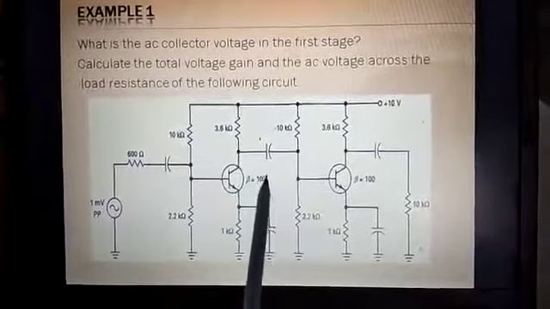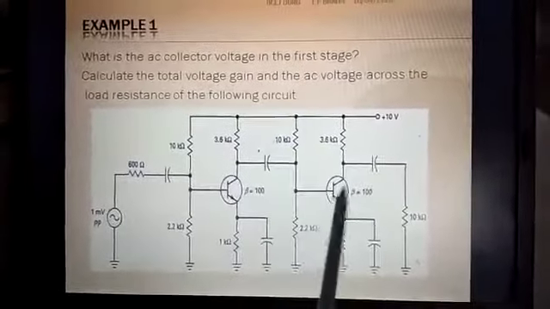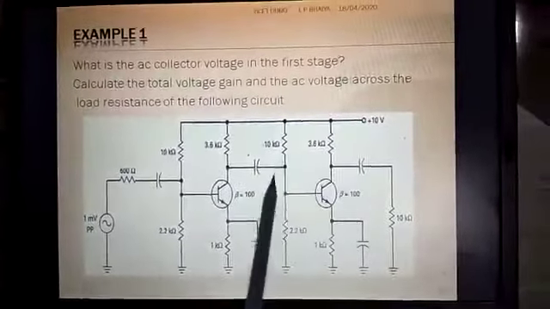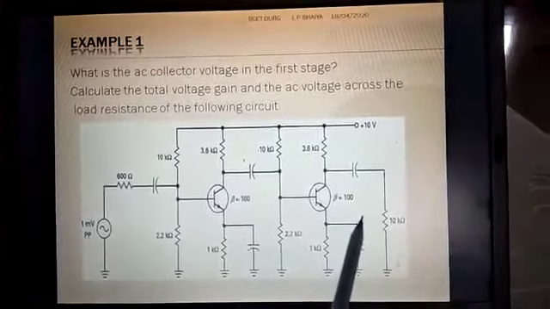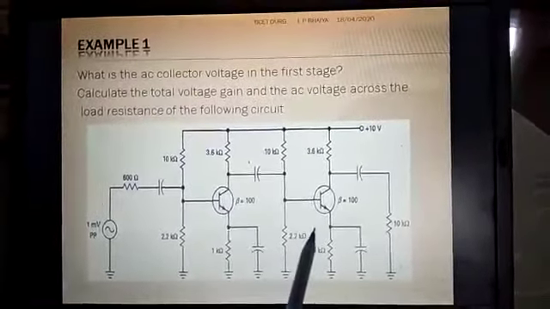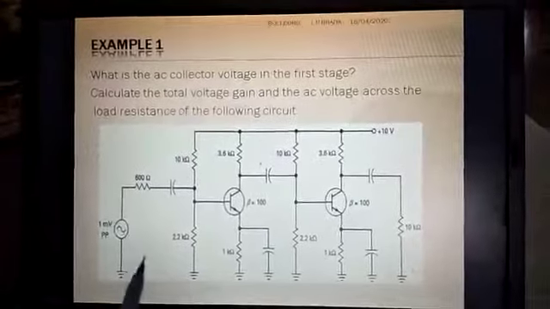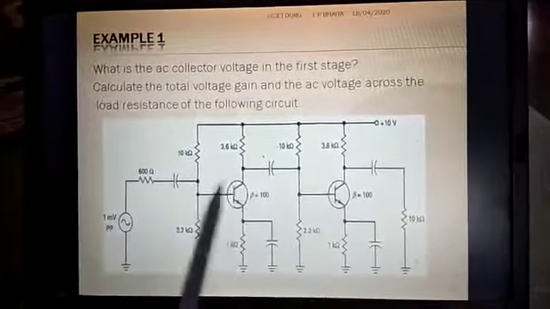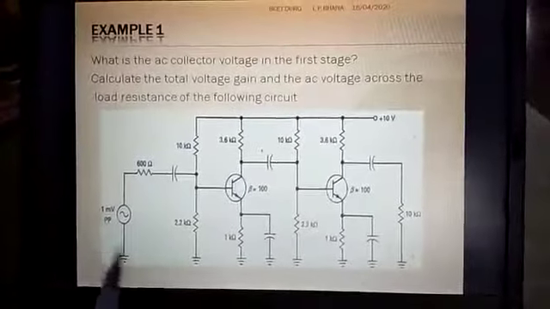Otherwise, if the H parameters are given, then you have to draw the low frequency H parameter model of this transistor and of this transistor, then draw the AC equivalent circuit, from which you can calculate the total equivalent load resistance RL dash at the output, input impedance of the second stage, output impedance of the first stage, overall input impedance of the circuit, overall output impedance of the circuit, overall voltage gain of both the stages, overall current gain of both the stages, as well as overall voltage gain with this source.